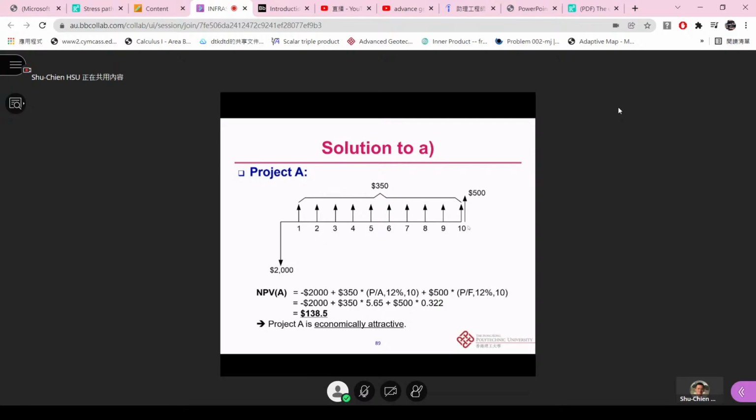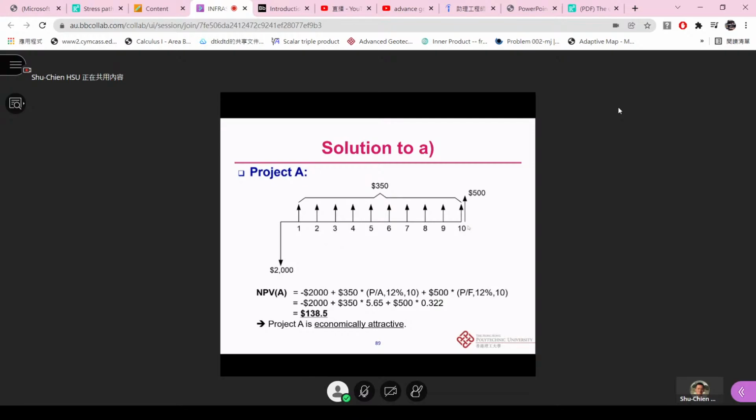Based on what we learned last week, we can calculate the net present value as negative 2,000. Now remember that what we want is not the cost; we set the base as the profit. So we have negative 2,000 plus 350 times (P/A, 12%, 10), because we want to convert the A to present value, since this project constantly earns 350 for the following 10 years.